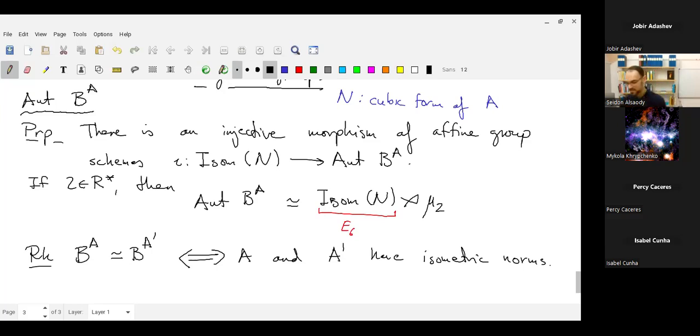So in some sense, the Albert algebra captures all the relevant information of the Brown algebra.